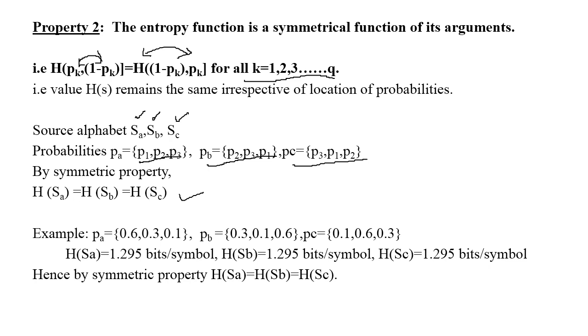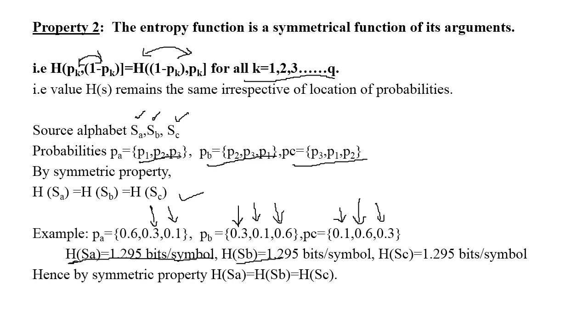We'll take an example where P1 is 0.6, P2 is 0.3, and P3 is 0.1. Similarly, the probabilities of the next source B are 0.3, 0.1, 0.6, and the next source has 0.1, 0.6, and 0.3. When we calculate H(SA), the entropy of source A, we get 1.295 bits.